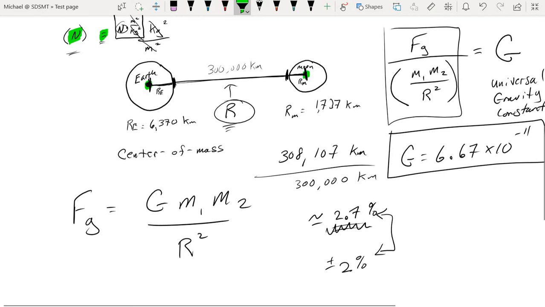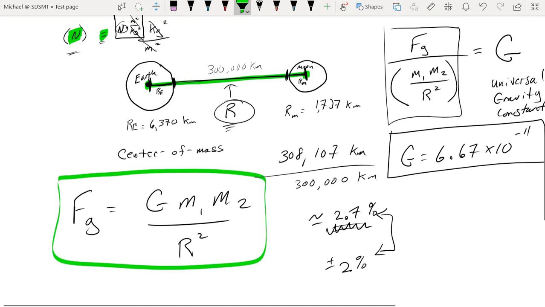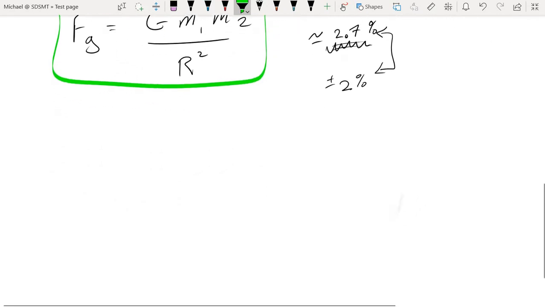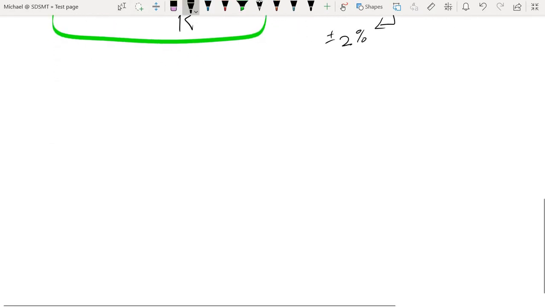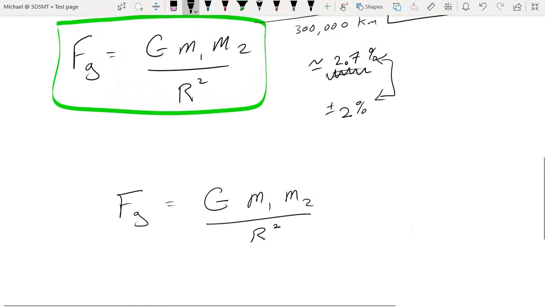But if we were to treat the Earth and the Moon like points in space, and we had all of the mass at those points, well, now we can see the importance of having that separation distance, including the radius of the two objects. So if you're still not sure about that, we'll try another example here. Let's try applying Newton's universal law of gravity, and that is what this expression is called.